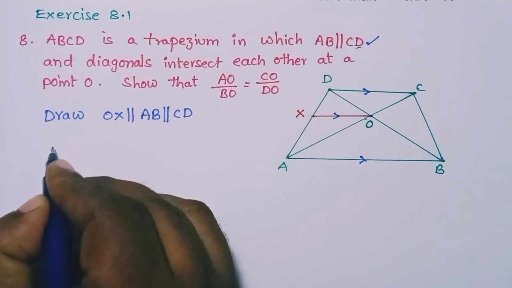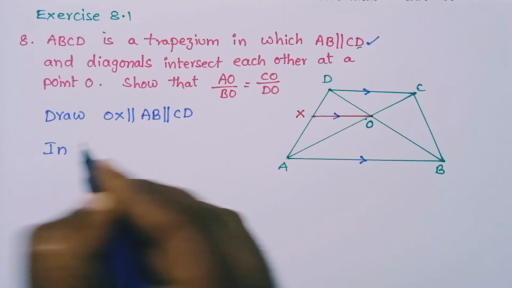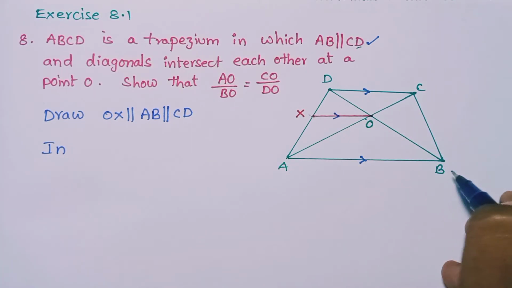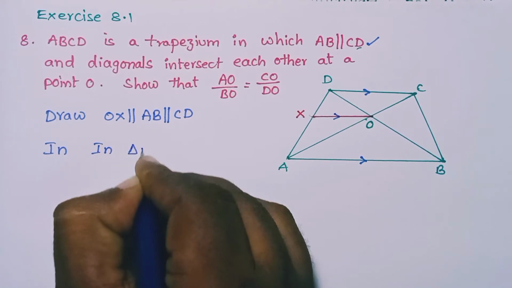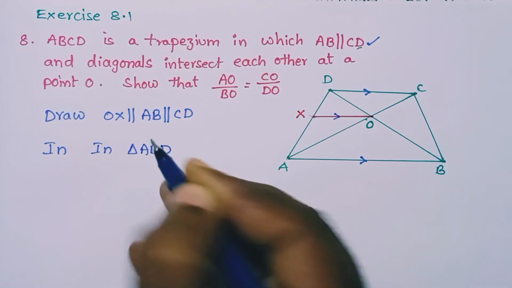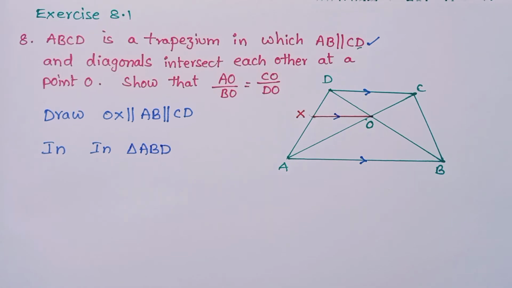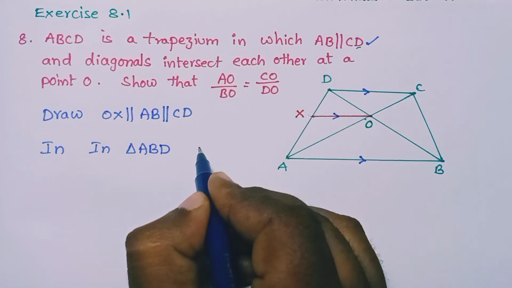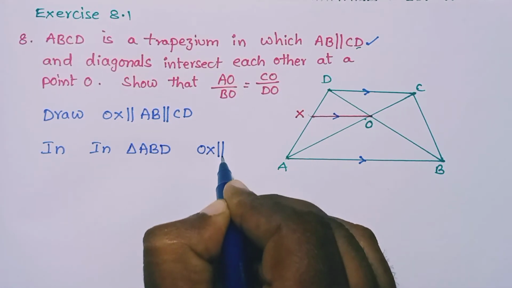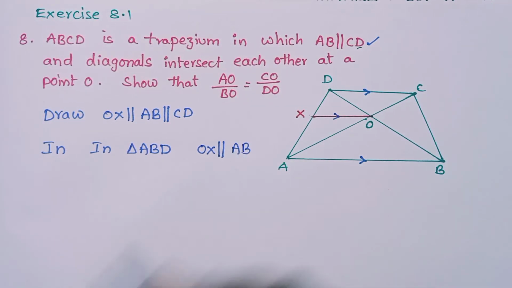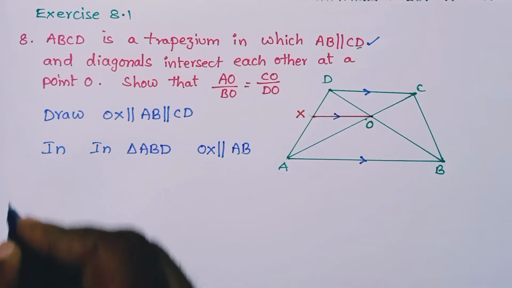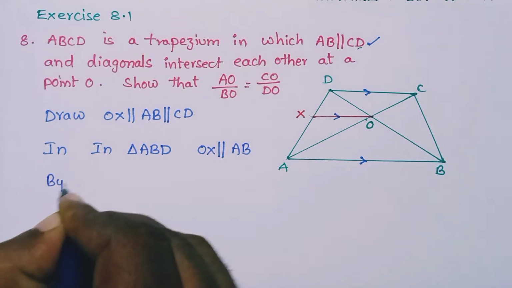Now consider the triangle ABD. In triangle ABD, OX is parallel to one of the sides of the triangle, AB. So we can apply basic proportionality theorem.